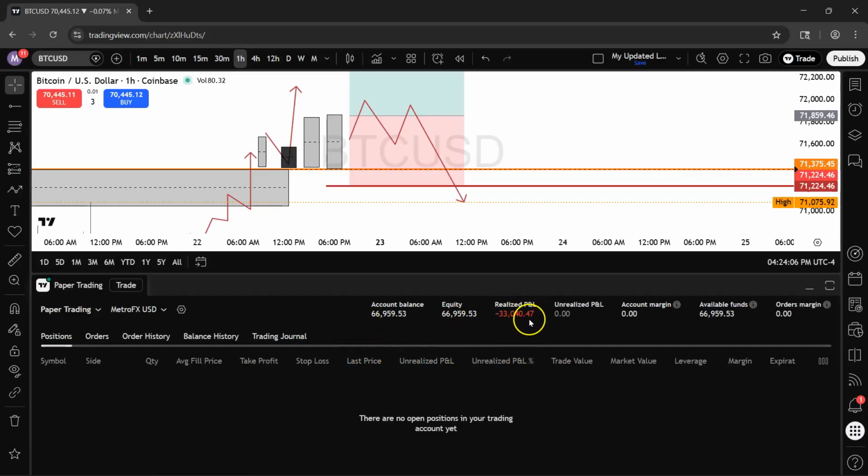Yes, there are some losses, and again, you're going to get losses, but it's not real money. It's fake money, so you just practice. At one point I had the account over 100,000. This was a $100,000 demo account.